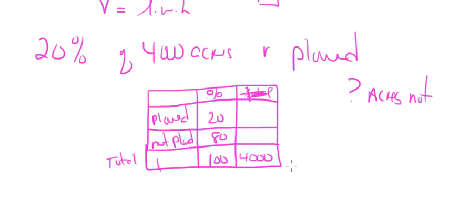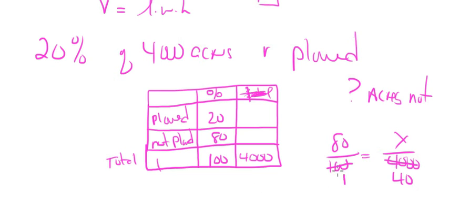We're trying to find out how many are not plowed, right? So we're going to have 80 over 100 equals x over 4,000. Now we can reduce left to right here, can't we? So what are we going to reduce this down to? This will be 1, and this is going to be 40.